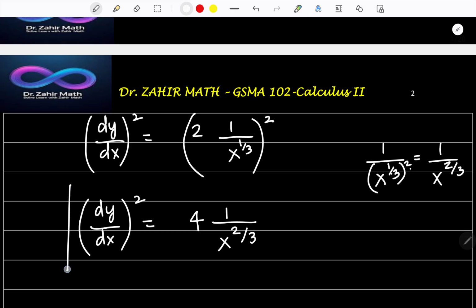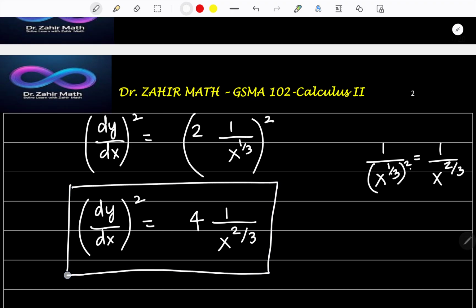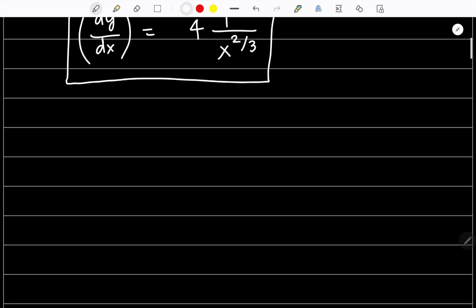So this is (dy/dx) squared. Again, the problem is lengthy, but there is nothing to think about. It keeps flowing.